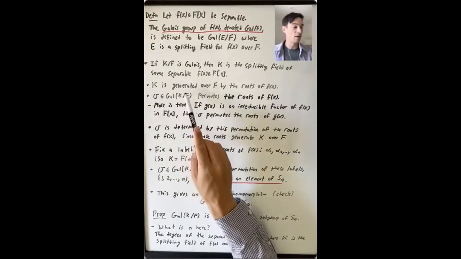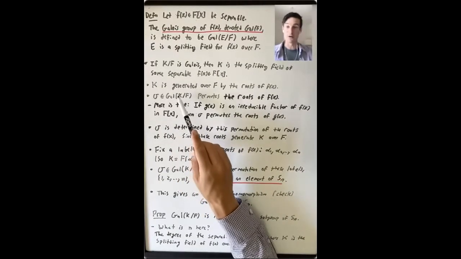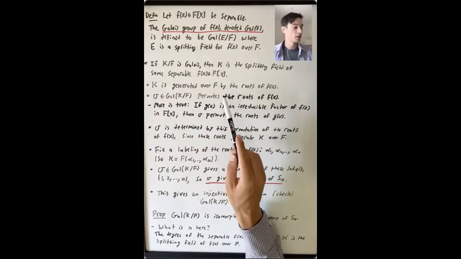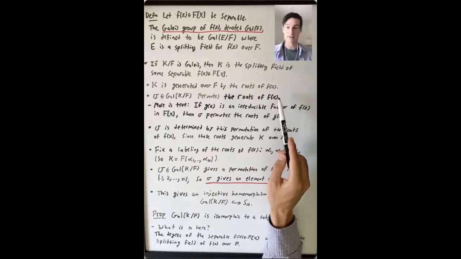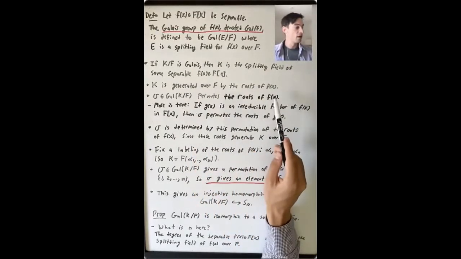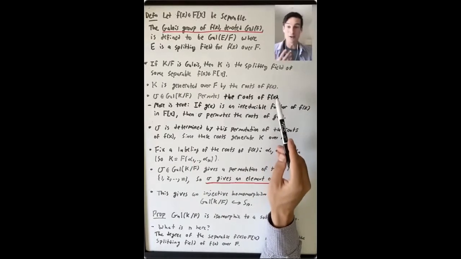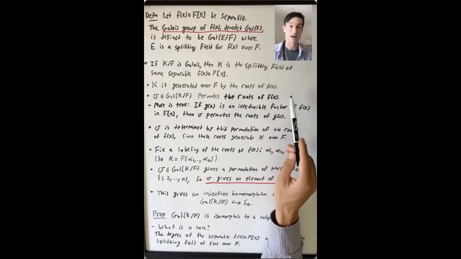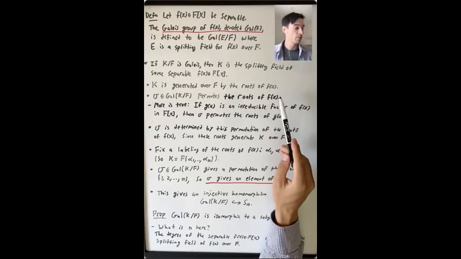If you have an element of the Galois group of K over F, we know that it permutes the roots of f(x). But in fact, we know something better: maybe f(x) is not irreducible in F[x], maybe it factors into a product of irreducible factors.